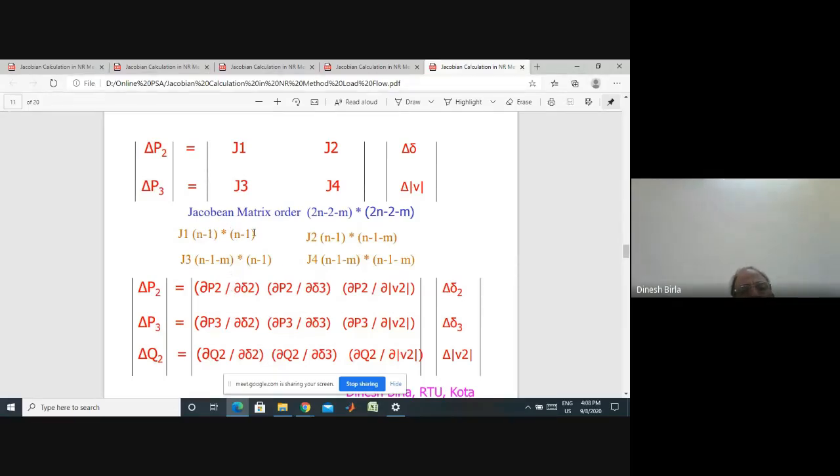So that is deducted. So for each active power, we will have the partial differentiation with respect to delta 2 and delta 3, in this case. So for P2 for both, and for P3 for both. When I say P2 for both, it means P2 with respect to angle del 2 and del 3, and for P3 with respect to angle del 2 and del 3.